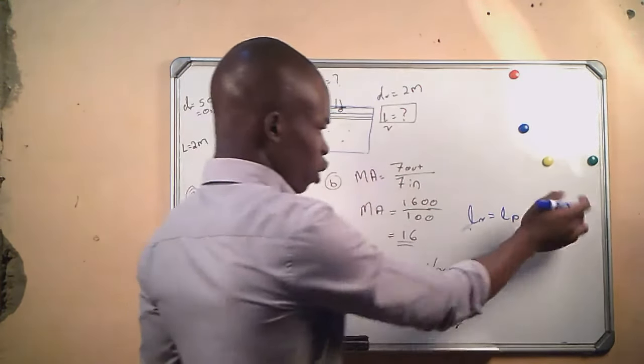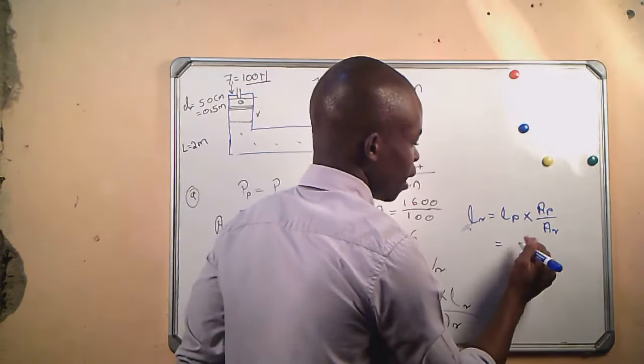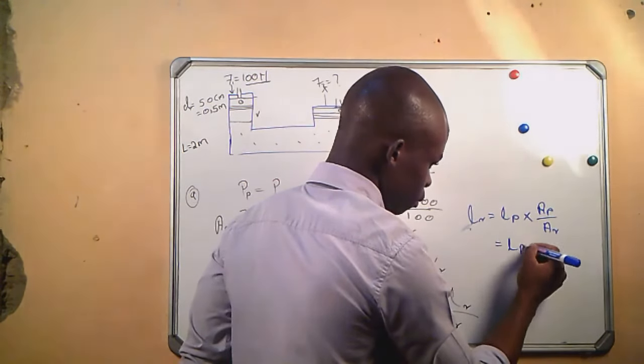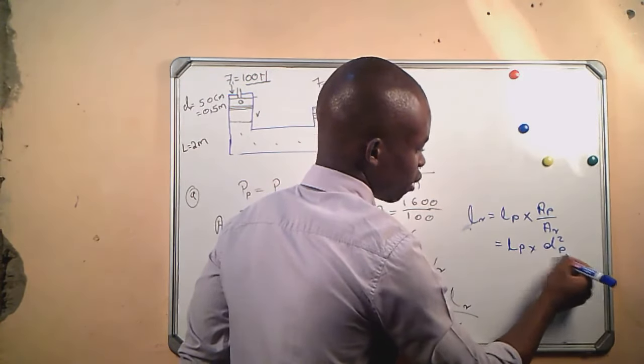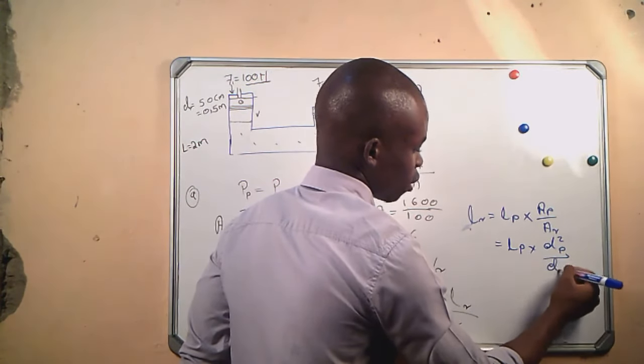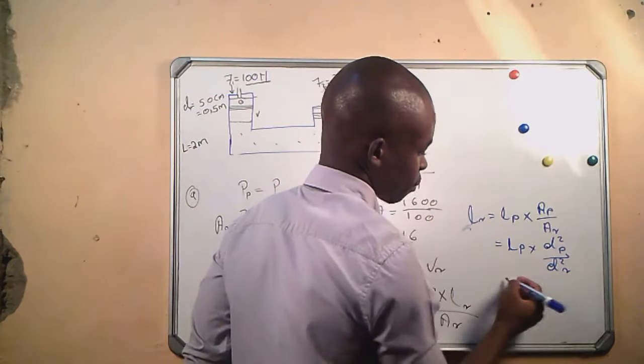We already know that we can replace this by d squared of the plunger divided by d squared of the ram.